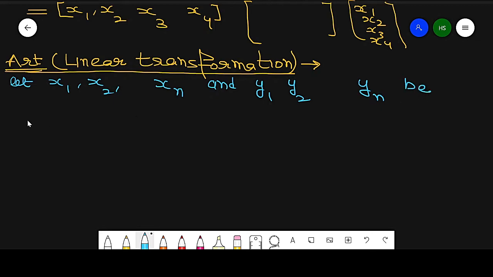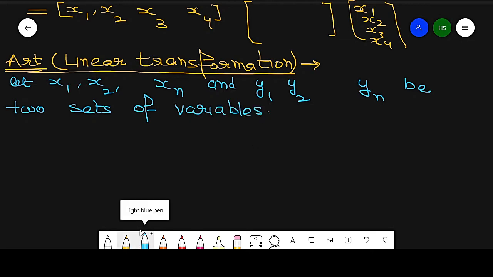So these are 2 sets of variables, step number 1. One is x1, x2 and the second is y1, y2.